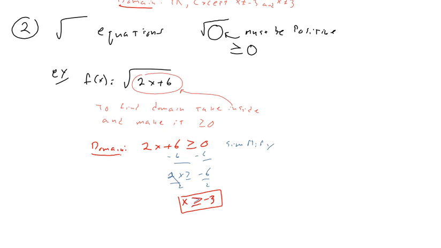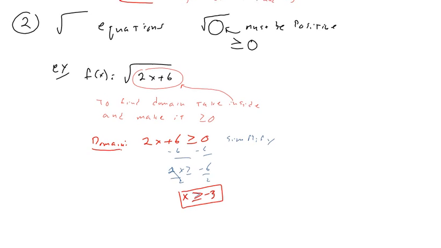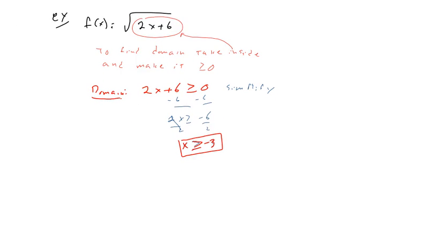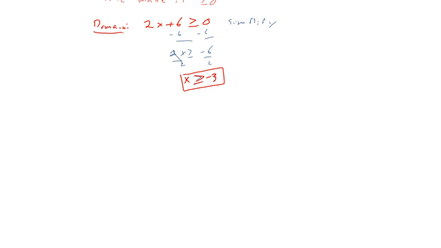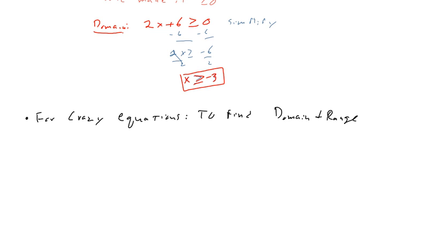Now, what about the range? Ooh, what about ranges? Well, what about for crazy equations? For crazy equations, to find the domain and range, you want to graph.